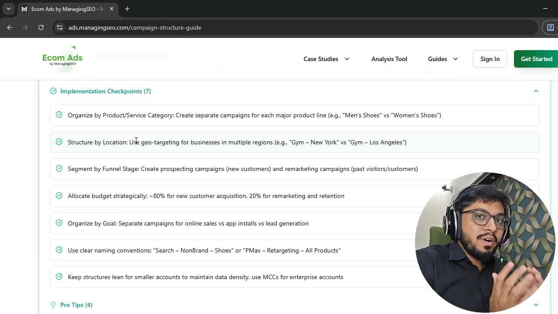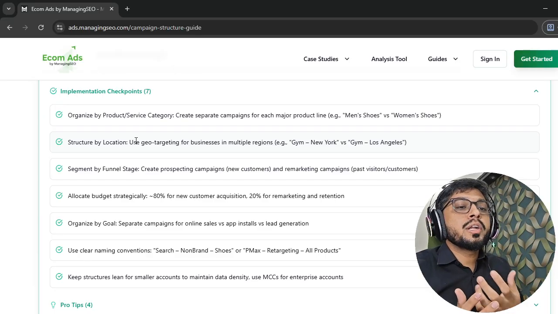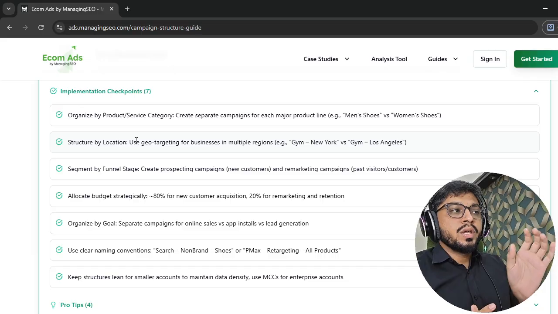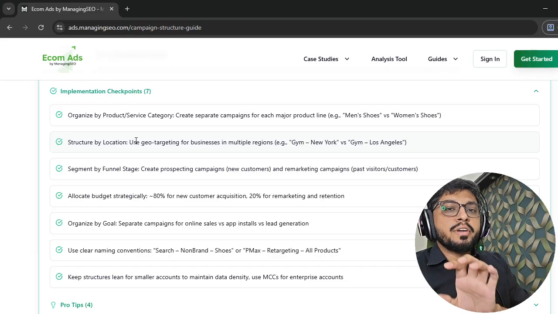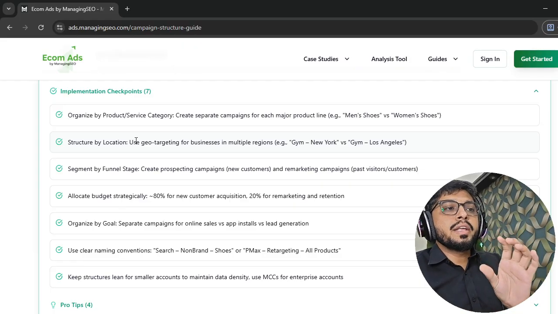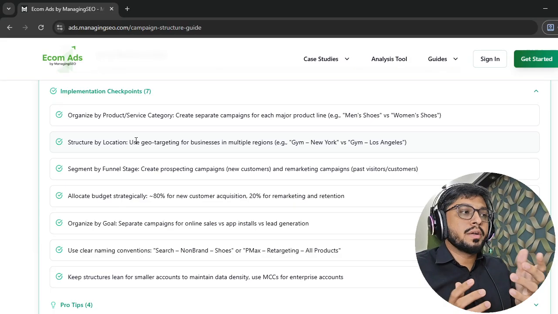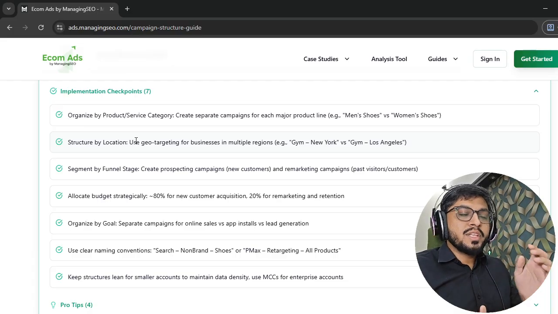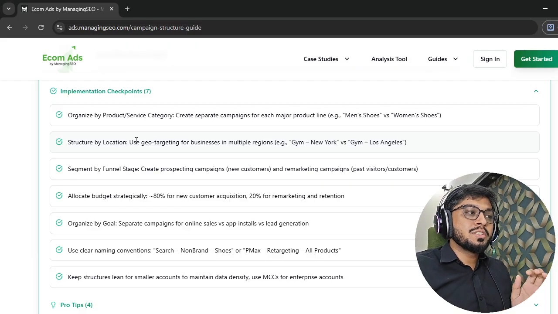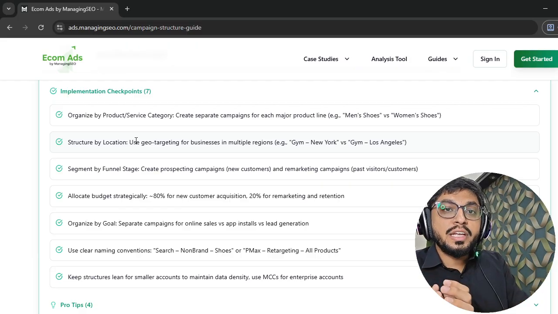You need to find what's the most important setting for you. Like in all of these three, which one is the most important factor for you? For example, for some brands, targeting a few products is very important, or maybe targeting specific locations is very important. So you need to create campaigns based on the most important factor that you have.